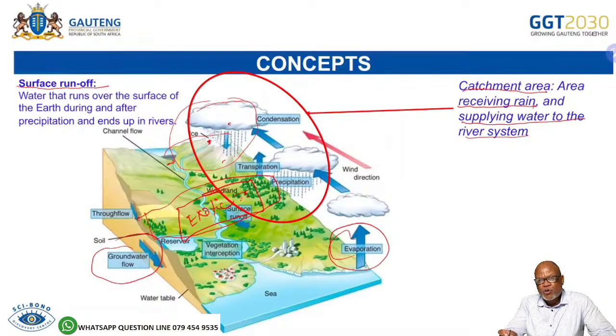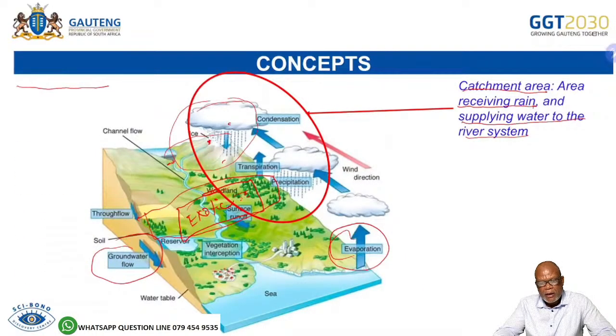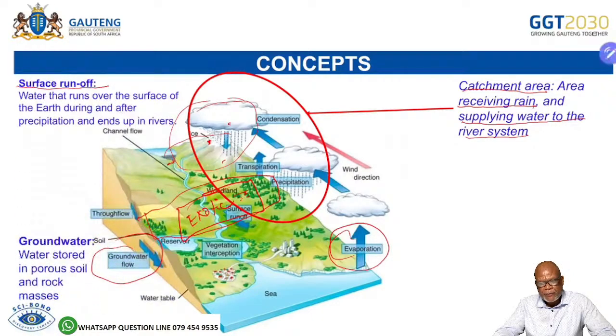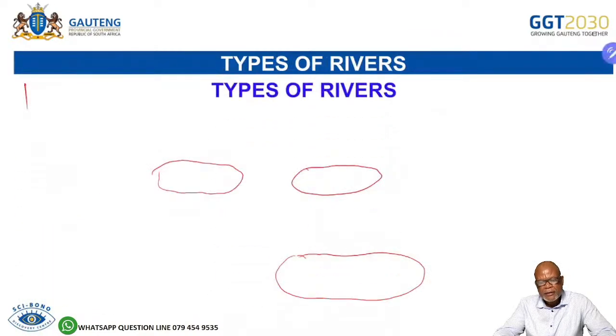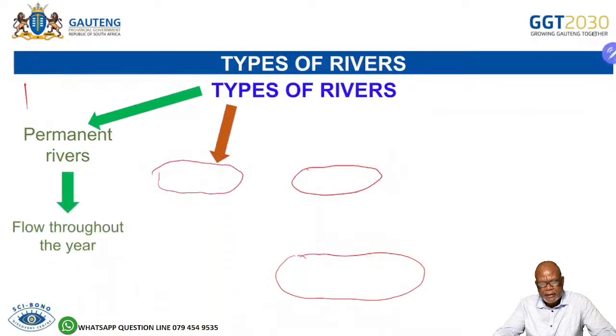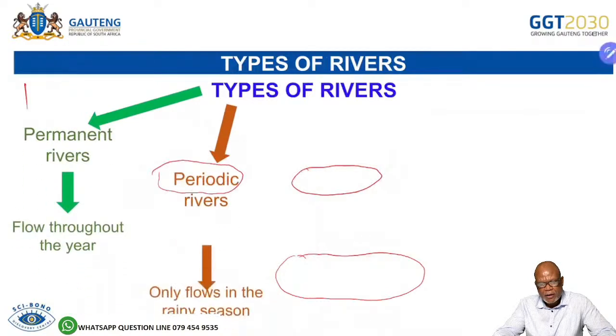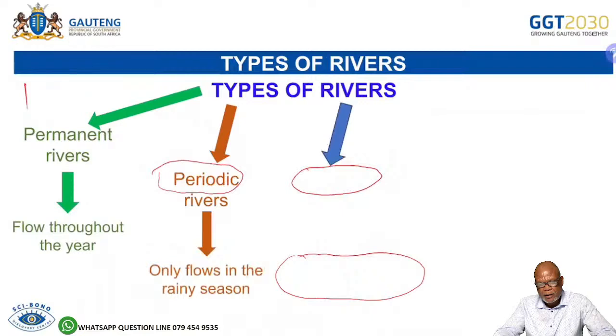So it is actually a permanent river, meaning that it is flowing throughout the year, but at this point, the river changes how it is identified. So an exotic river simply refers to a permanent river as it flows past a semi-arid area or a desert. At that point, that river is identified differently.